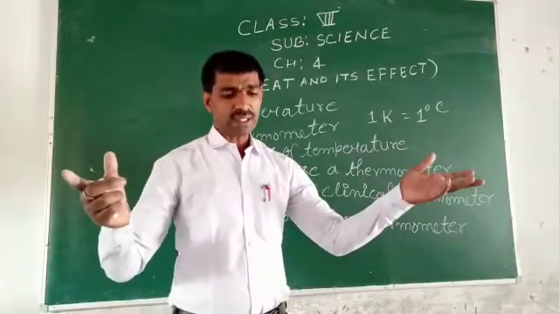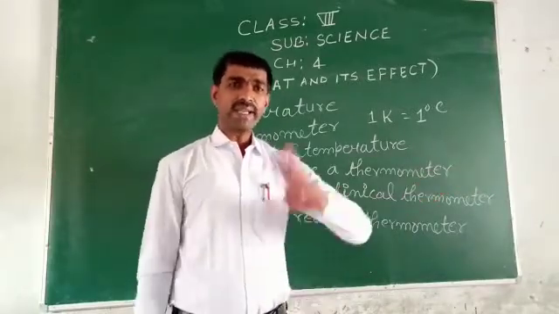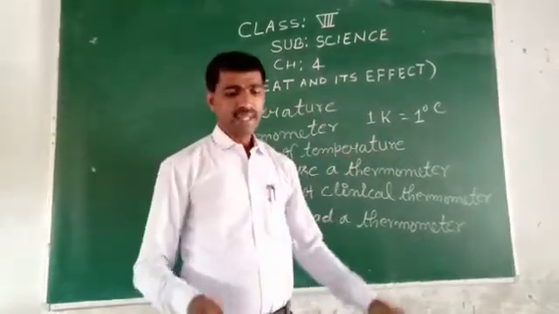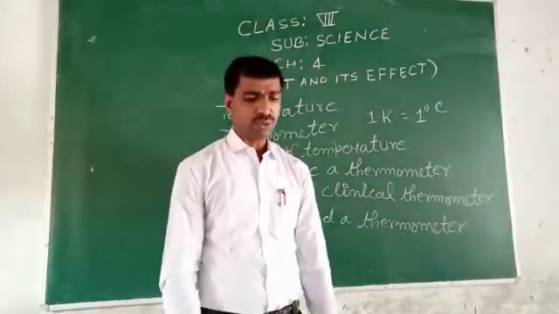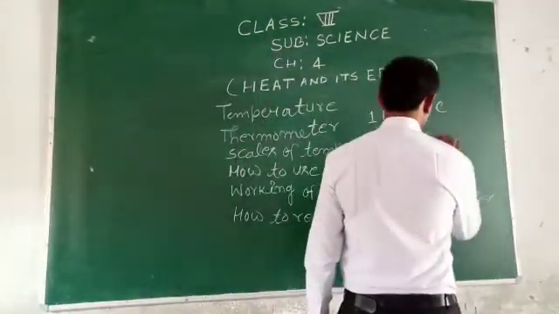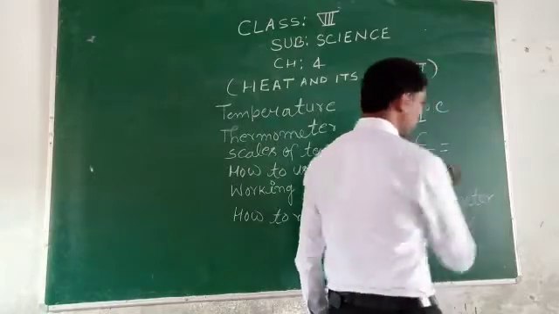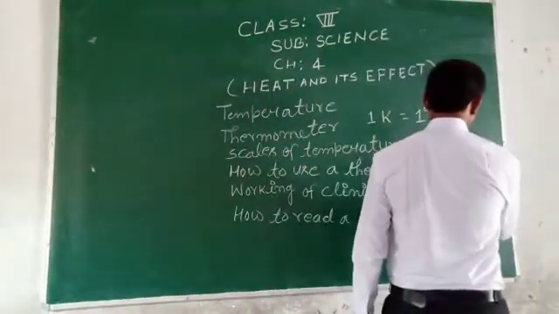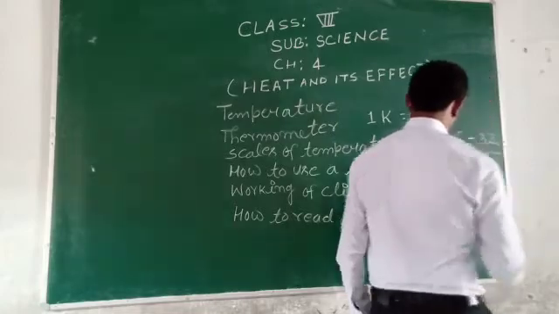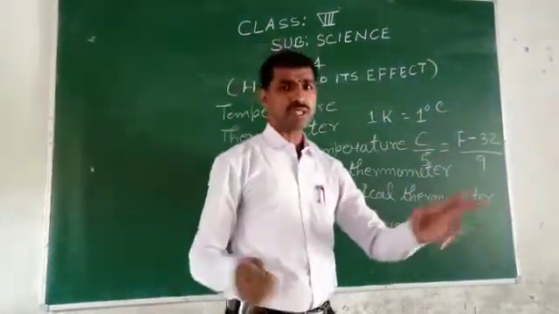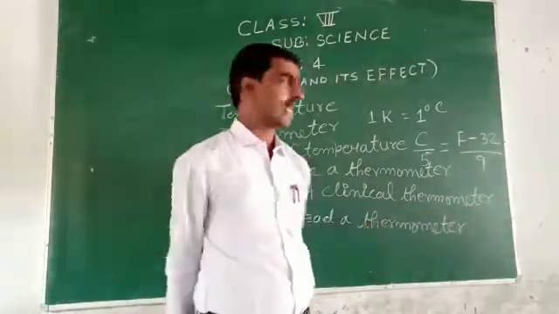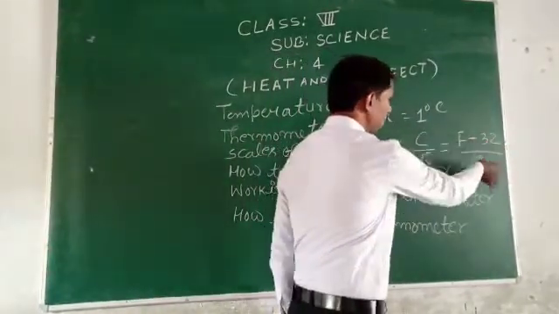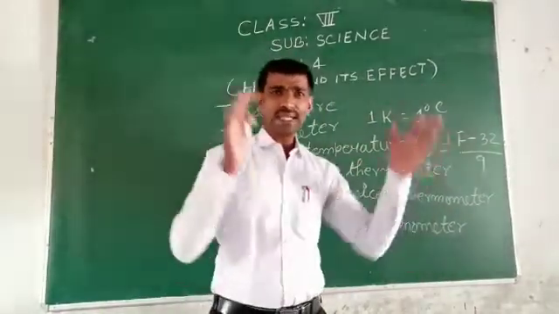Therefore, the relationship between the Celsius and Fahrenheit scales is C upon 5 equal to F minus 32 upon 9.